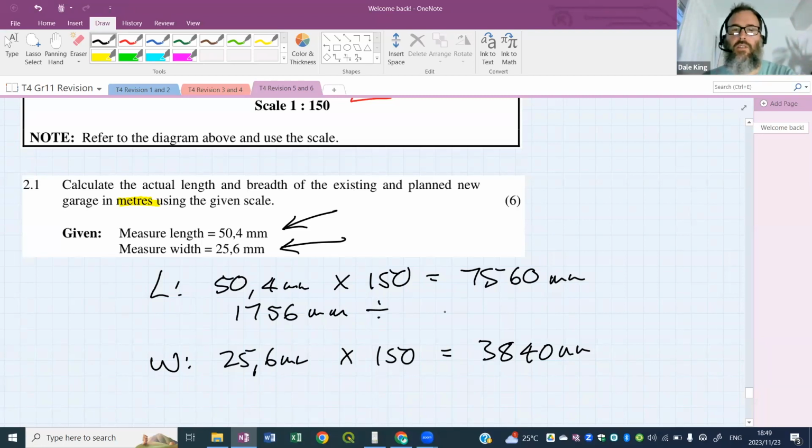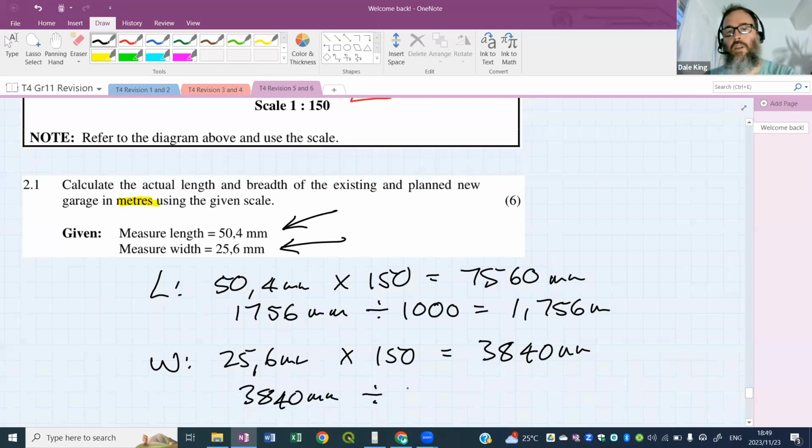There's 100 centimeters in a meter, but there are 1,000 millimeters in a meter. So we must divide this by 1,000, and we'll get 7,560 meters. And we'll do the same with the bottom. 3840 divide by 1,000 equals 3,840 meters.